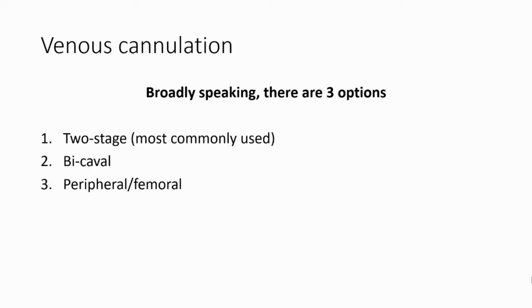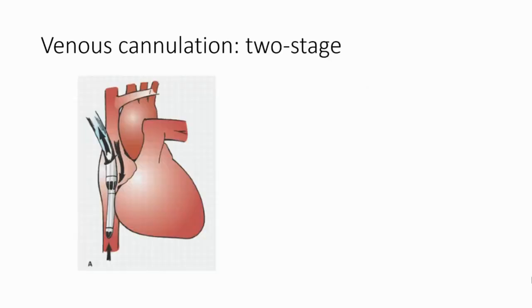The most commonly implemented method is the use of a 2-stage venous cannula, and this is essentially a pipe with 2 openings. You make 1 hole in what we call the right atrial appendage, which for those of you that don't know, is a small portion of the right atrium that sticks out. It's easy to access and open. So essentially you open it and then you place the cannula down into the IVC.